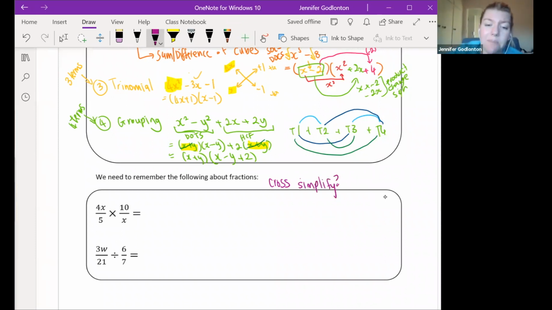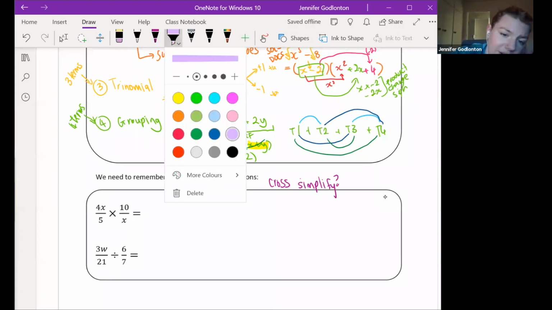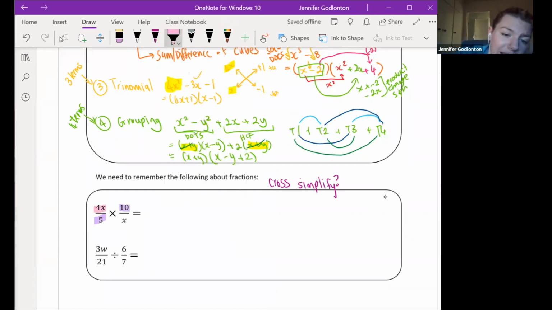That means we are looking at a numerator and a denominator, and we're saying, is there something in those two that is the same that we can simplify? So for example, 4x and x, those x's can cancel. And if I look at 5 and 10, 5 goes into itself once and 5 goes into 10 two times.